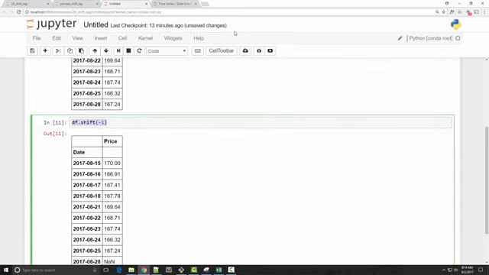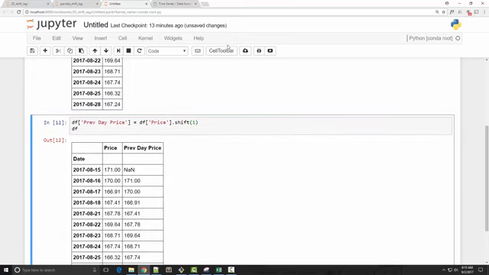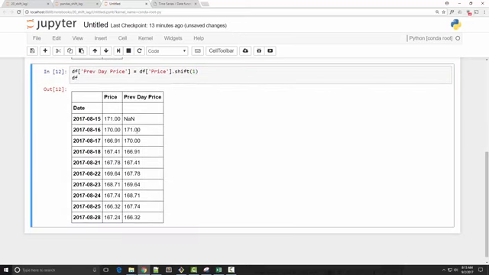So we'll first create previous day price column in my data frame, and the way you do it is by calling shift. So now I have previous day prices for all the dates. So you can see that on 16 my previous day price was 171.